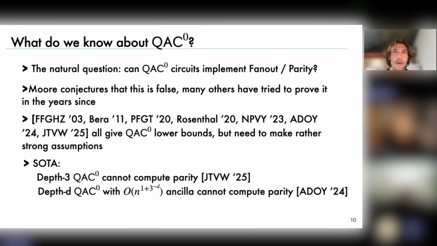I think it sort of boils down to some arguments about how much you could possibly entangle in depth 3 with these Toffoli gates. These Toffoli gates are quite brittle in the sense that they do nothing if all of the inputs aren't set to 1.